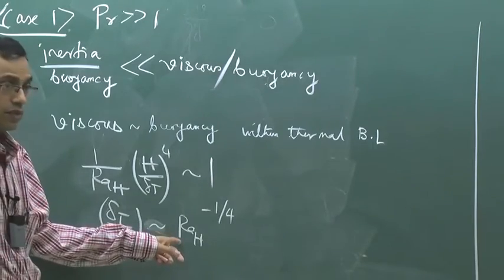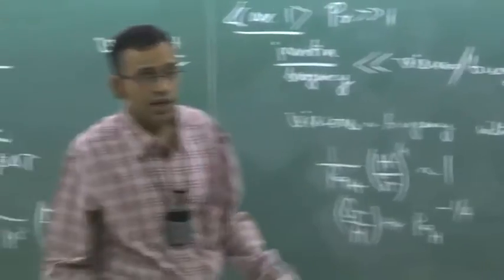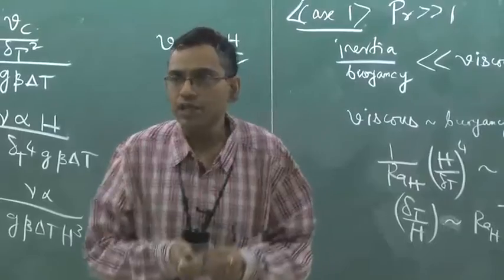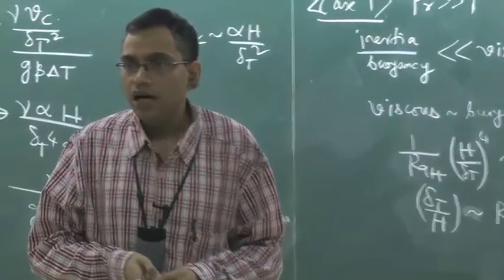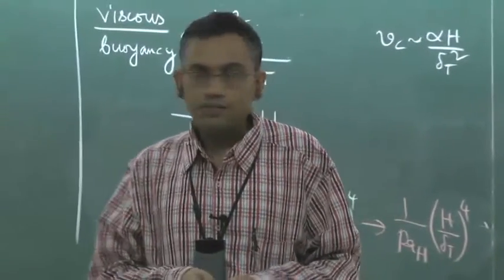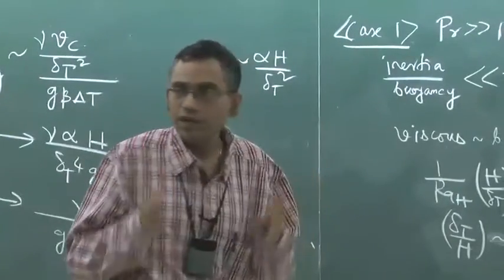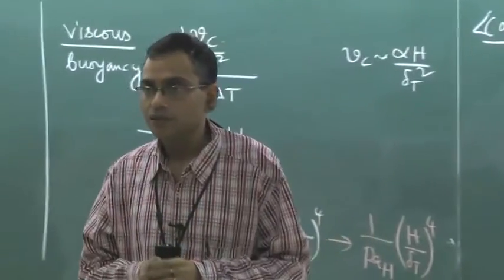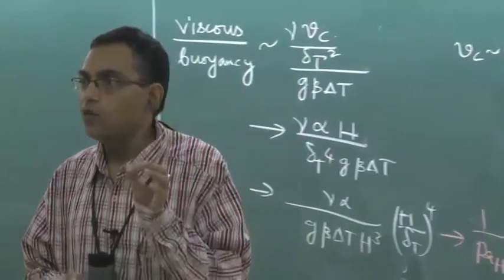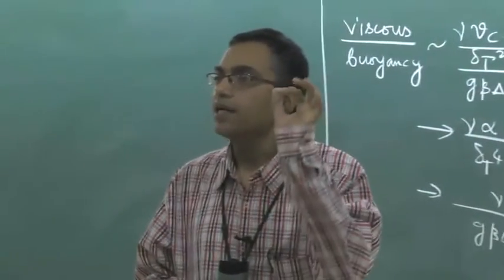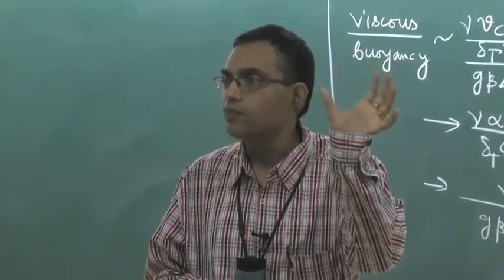So just like the boundary layer assumption in boundary layer theory for forced convection, what was the assumption? For hydrodynamic boundary layer, delta much less than L, whatever we consider the length of the plate.